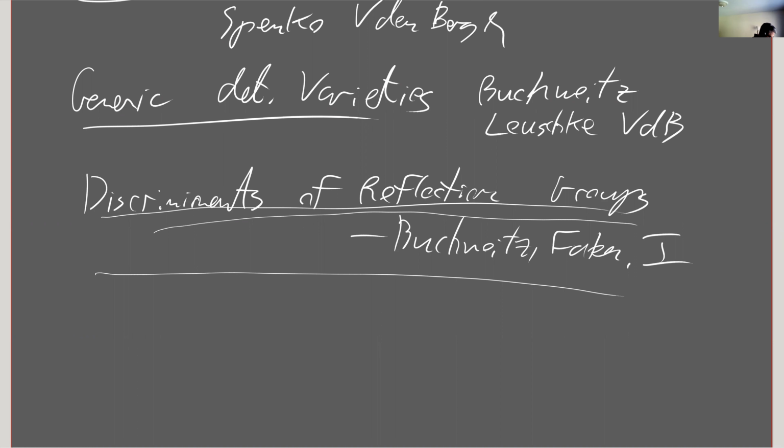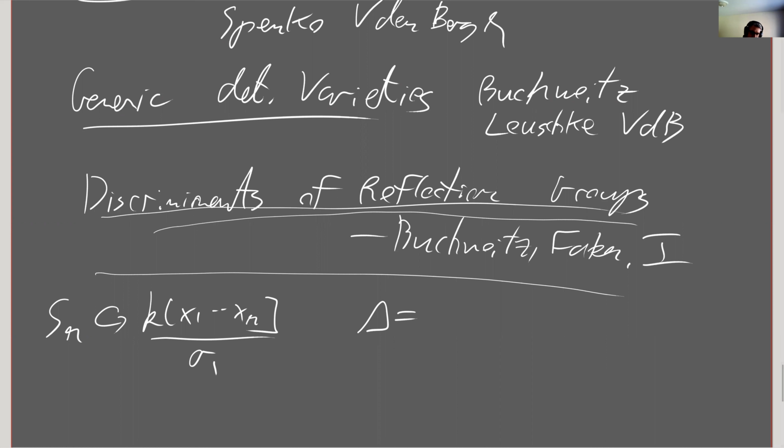Okay, so we were talking about the discriminant delta. We're going to have S_n acting on our roots, modding out by the sum. Then the discriminant delta is going to be the product of (x_i minus x_j) squared, for i smaller than j.